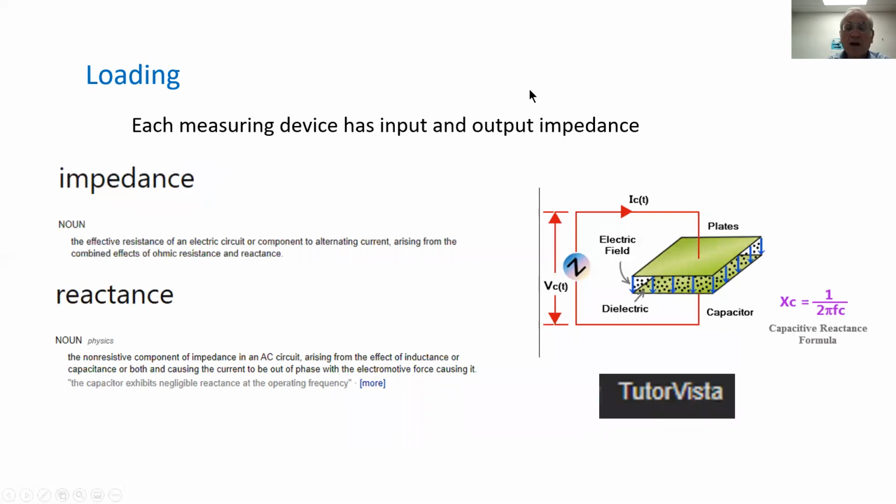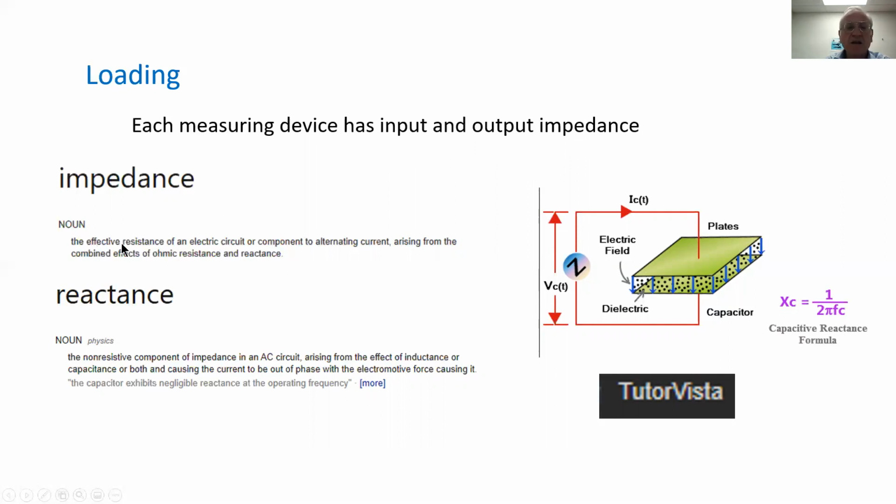We have to be careful when we use the sensing devices with some other external devices, such as measuring devices, to make sure that we are not overloading the sensor. Each of the measuring devices has an input and output impedance.